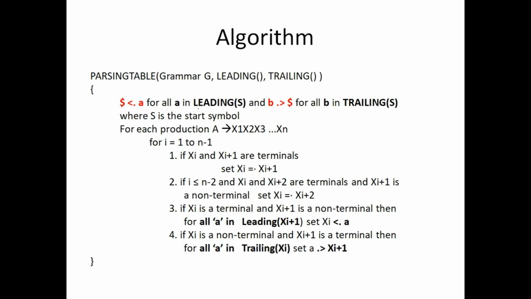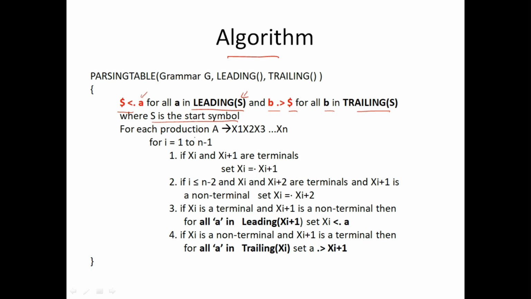Now, what exactly is the algorithm for construction of the parsing table? Dollar gives precedence to a for all a in leading of S, where S is the start variable, and b takes precedence over dollar for all b in trailing of S, where S is the start symbol.